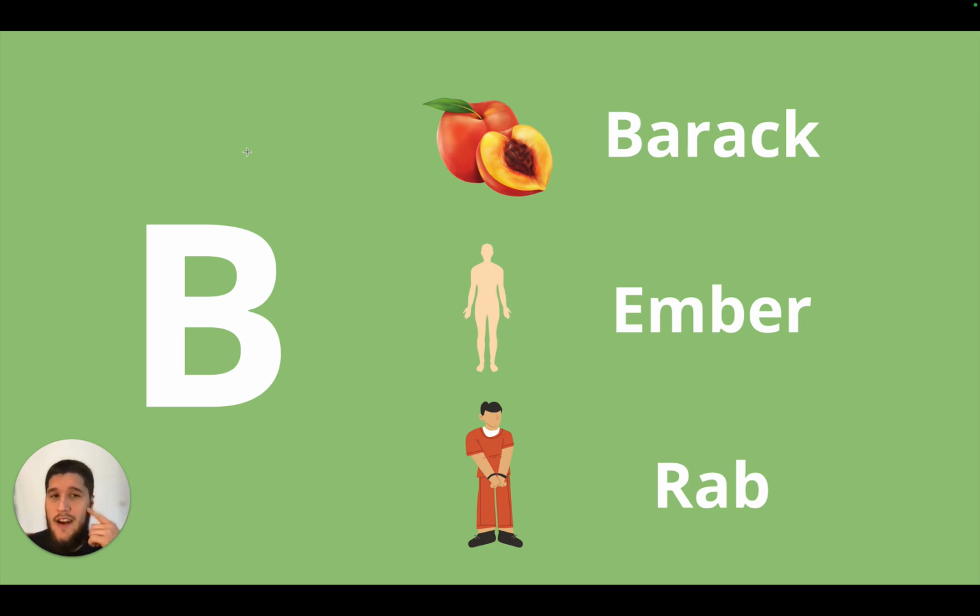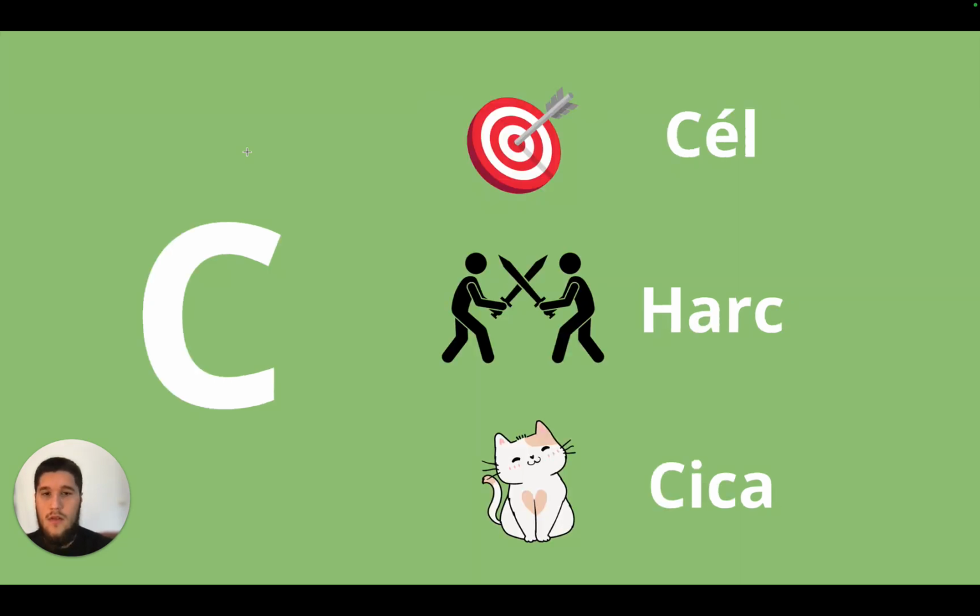You can already hear how we have a really strong R sound, but we will get to that at the actual R letter in Hungarian, okay? The next letter is C. Cél. Harc. Cica.